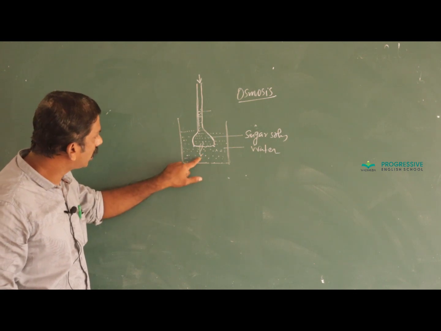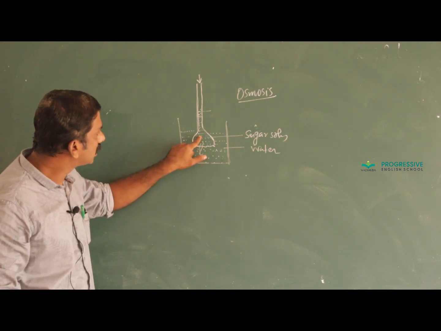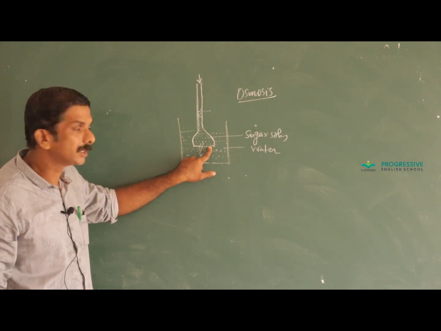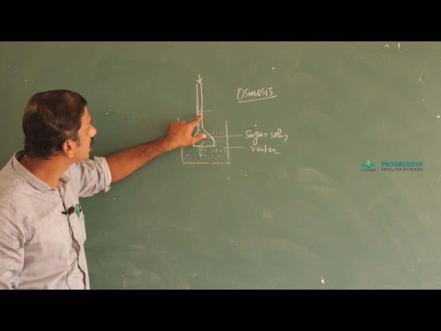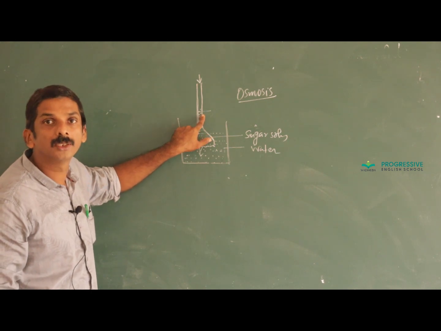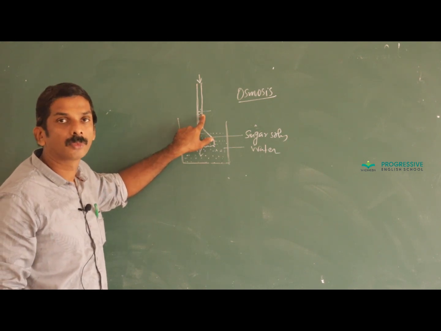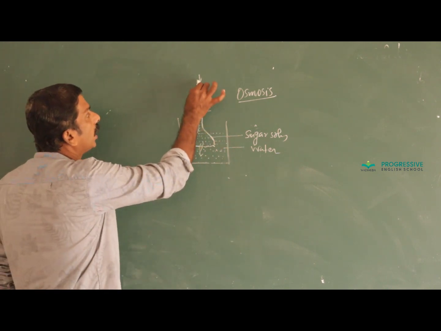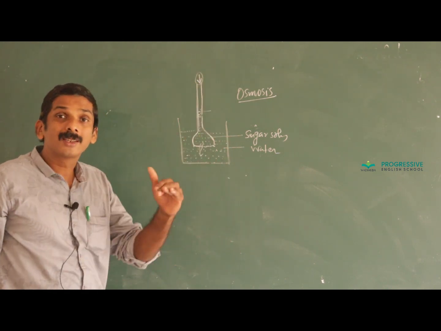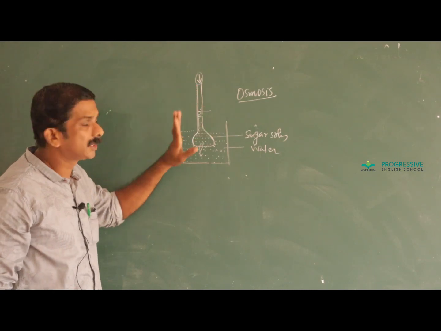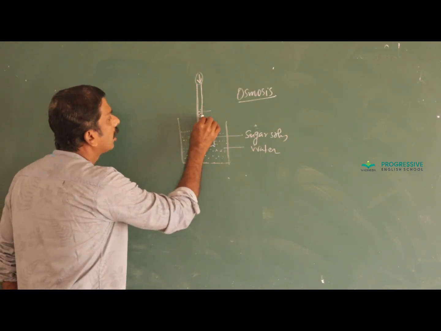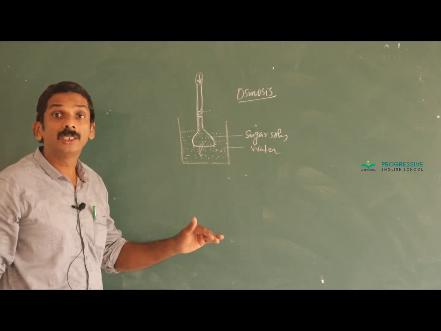During osmosis, water from the beaker moved to the thistle funnel through the semi-permeable membrane. That process is called osmosis. And as a result of this osmosis, the level of sugar solution in the thistle funnel rises. If we apply an external pressure to the solution side, the sugar level reaches the initial state.